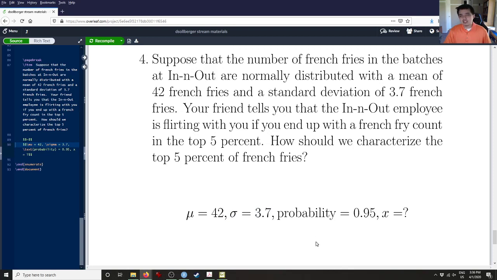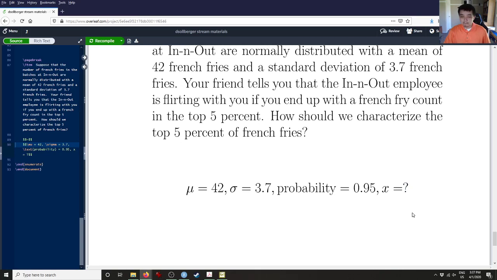Now, the way I've set this problem up is we want the probability to be the top 5%, or the probability is at 95%, depending on your point of view. And thus, oddly enough, considering the z-score formula that we have in front of us, what's missing is our x value. And that's kind of what we're solving for.